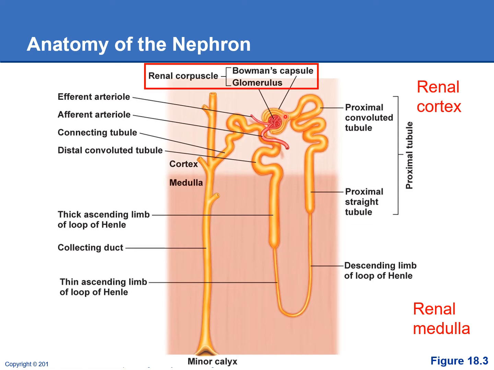So this is the start of the proximal convoluted tubule where the filtrate will first go. And then we have our renal tubule starting with our proximal convoluted tubule. Proximal just means that it's closest to the glomerulus and it's convoluted or twisted. And then going from the renal cortex, this outer part of the kidney, the loop of Henle will dip down into the renal medulla and then come back up.